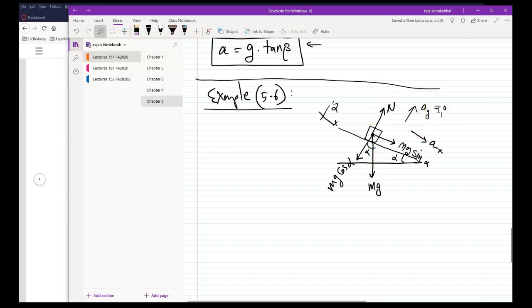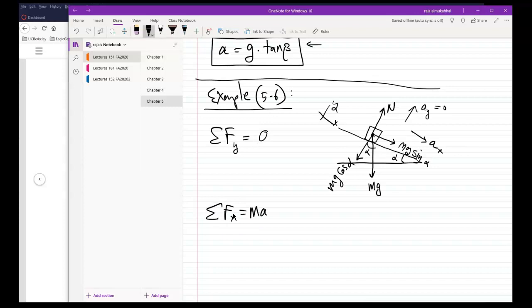Okay? All right. So now I have here sigma F in the y direction is equal to 0, right? There's no MA. A sub y is 0, so it's just 0. And I'll leave a little space here. Sigma F sub x, which is the interesting one, because this is where the motion is taking place, is MA sub x. I'm just going to call it MA.